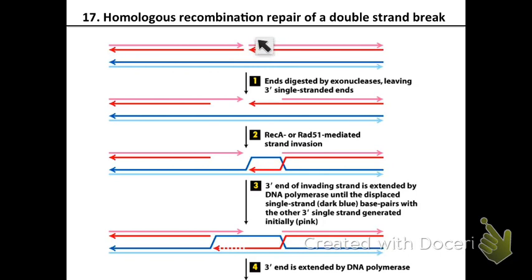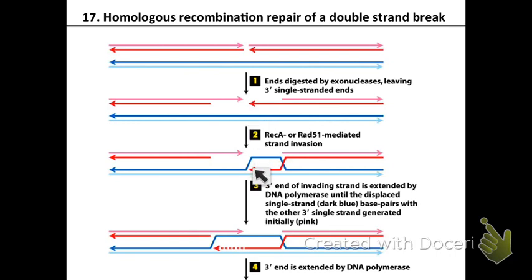So you have a double-stranded break here, and you're going to have exonucleases that are going to chew up one end of the DNA, leaving two 3' single-stranded ends open. And these DNA ends are going to look for homology. So they're going to look for sequences that are complementary to here, right? And they're going to find those sequences in the sister chromatid.